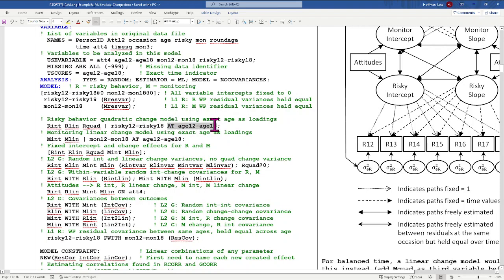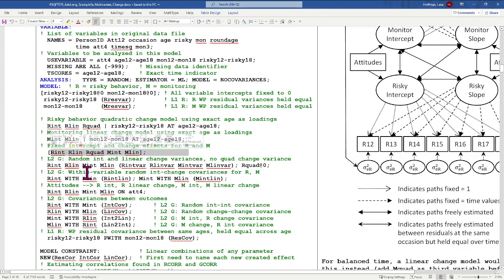And then the "at age" is the use of t-scores. So the "at" option is telling it to use the values in this age column as individually varying factor loadings for the definition of these intercepts and change factors. So the intercepts will all have it fixed to 1 like usual. It's the change factors that need these exact time loadings. I'm doing the same thing to create an intercept and a linear change slope for monitoring.